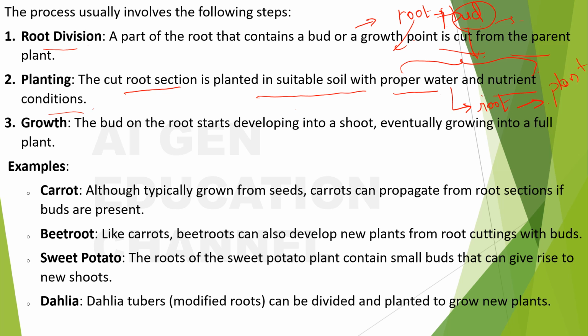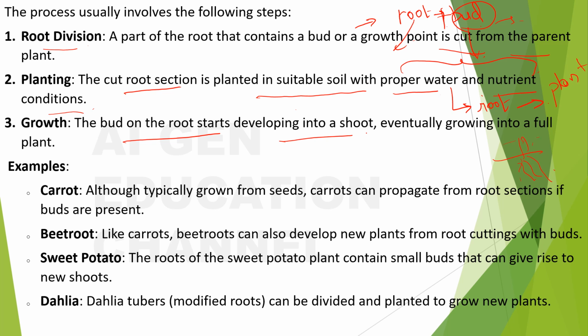Next, the bud on the root starts developing into a shoot, eventually growing into a full plant. What is shoot? Everything that is above the ground is called the shoot, right? So stem, leaves and all that. Now, what are the examples? Carrot.